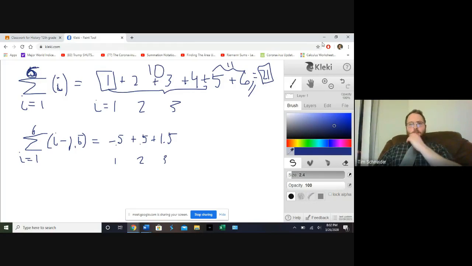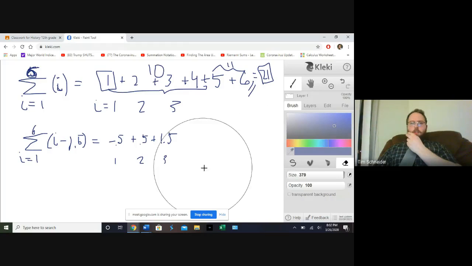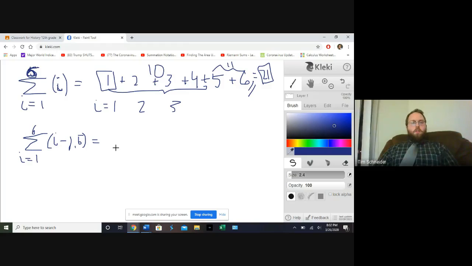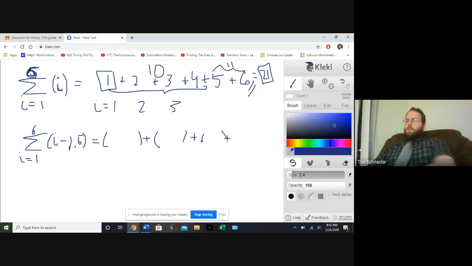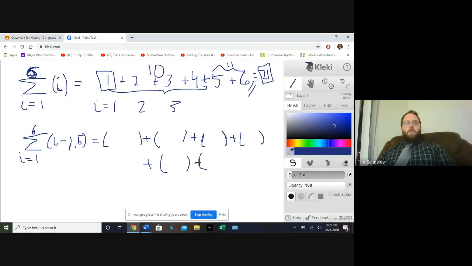But I'm getting ahead of myself. Let's actually write out each individual parentheses as it shows up. That might make things a little clearer. This is one of the actual benefits of using the notation: you don't have to hit a lot of buttons on your calculator each time because it does it for you often.